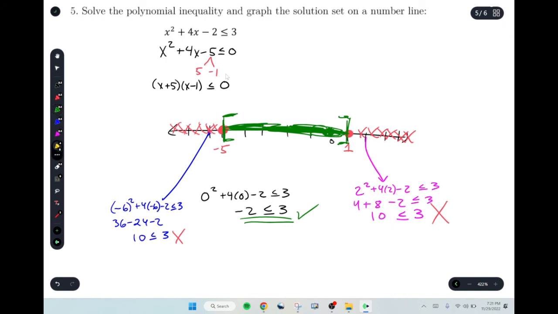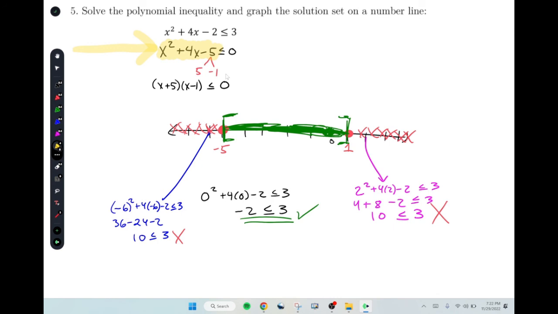But I posit there's an easier way to do this. You don't have to do it my way, but here's my line of thinking. This is a shape right here. What shape is that highlighted yellow thing up here? It's a parabola. And is it a happy or sad parabola? It's a happy parabola.